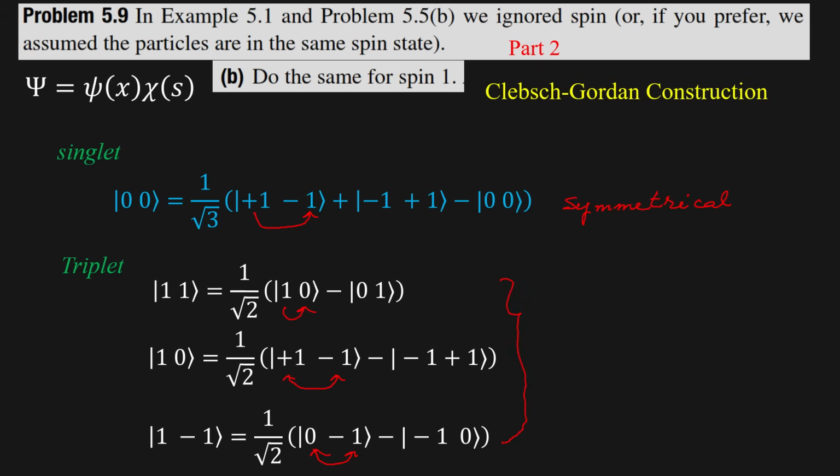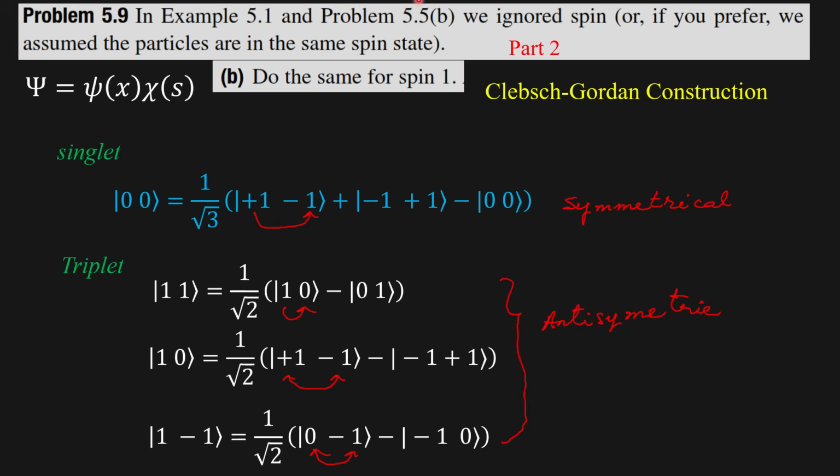It's a triplet state, but it is anti-symmetric. In the case of the spin-1/2 particle, we saw the triplet state is symmetric but the singlet state is anti-symmetric. Here it is vice versa. You can easily calculate whether it is plus or minus using the Clebsch-Gordan coefficients.